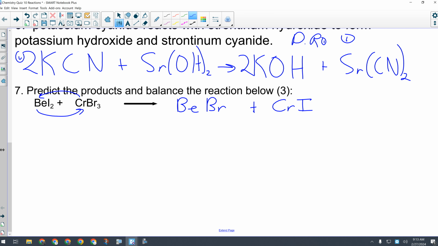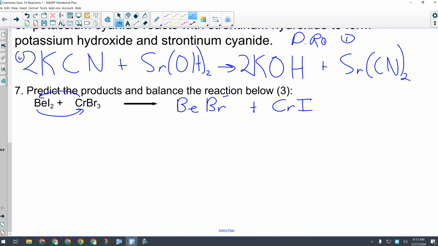I'm not done yet though, because these are both ionic compounds and I've done nothing with them except decide who goes with who. Are these compounds written correctly? I've just paired them correctly, I haven't written them correctly. What do I have to do with this compound? Drop and swap. Yes, I've got to make sure that the compound is written correctly.